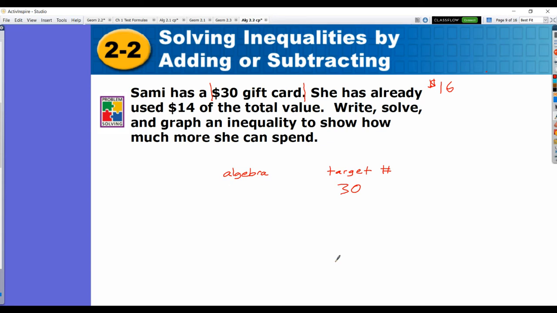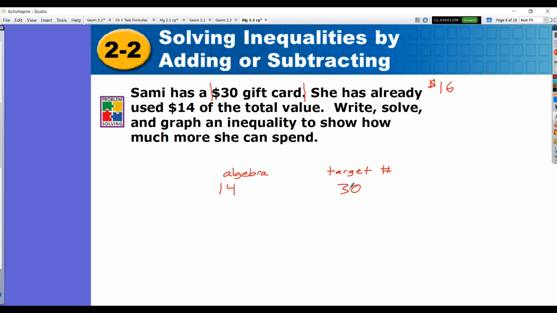All right, so we're going to take a look at her story. She's already used $14 of the total value. Okay, so far, she has spent $14. Okay, so we want to find out how much more she can spend. Okay, so we need to take and put our X down here with this 14, and we're trying to get to our target number. We're trying to get up to 30.